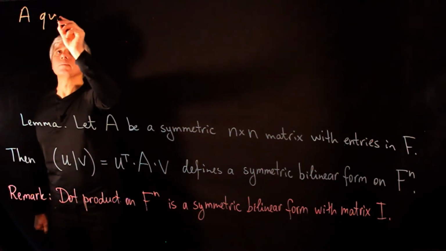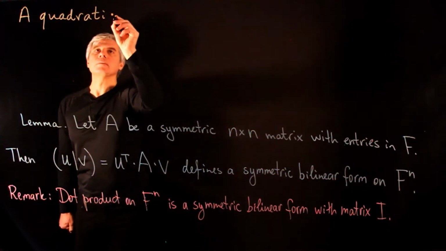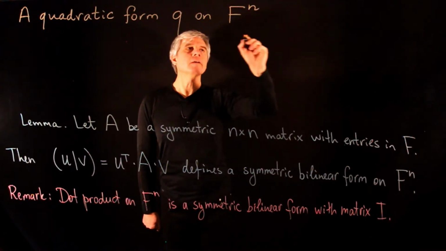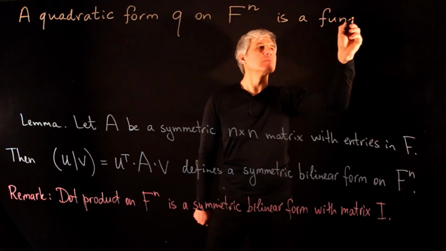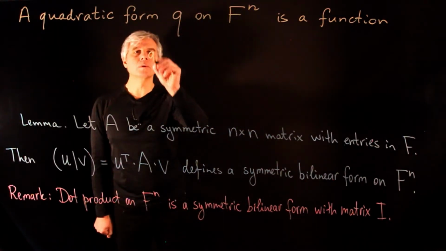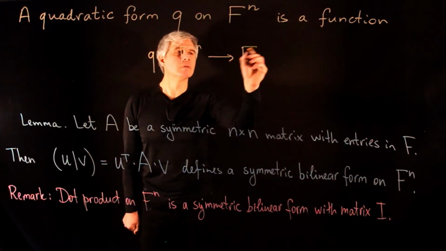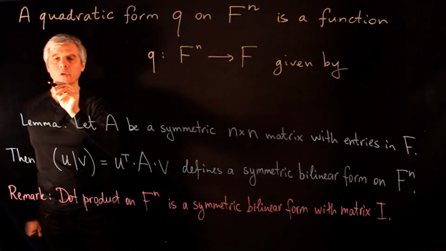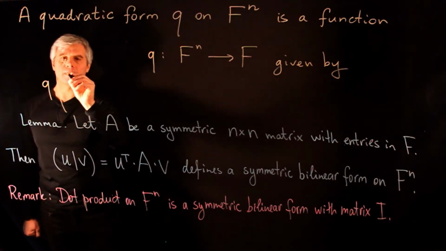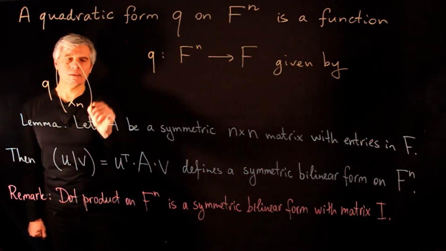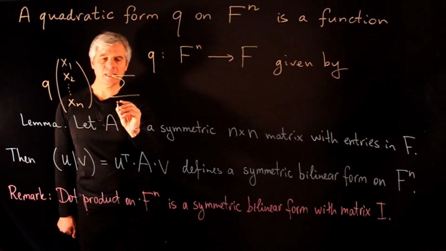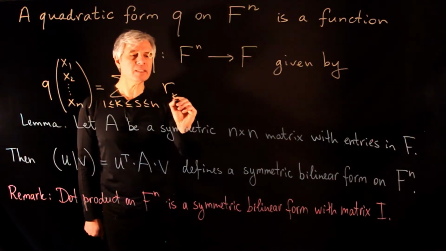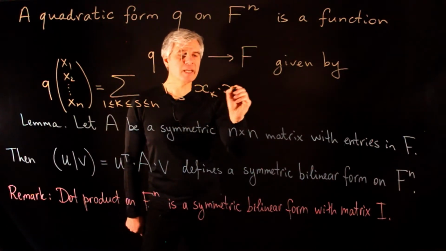A quadratic form Q on the vector space Fn is a function Q from Fn to F given by a polynomial expression, that Q applied to a vector (x1, x2, ..., xn) is the sum where k is less or equal to s, and these are going from 1 to n, r_ks times xk times xs.